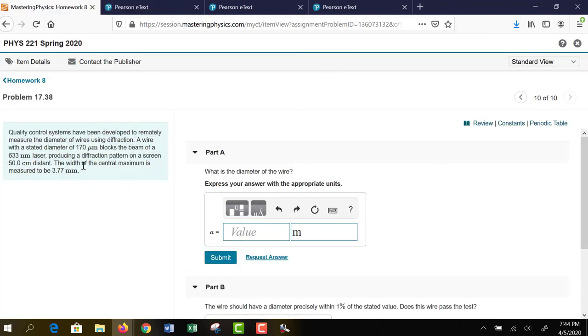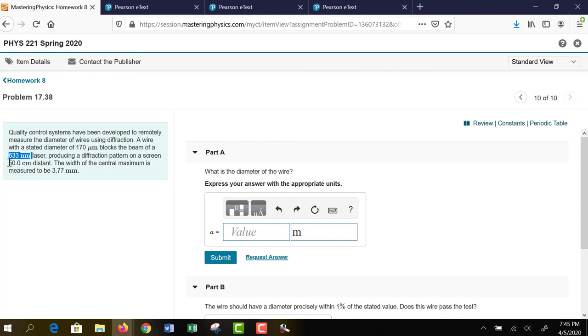We have a laser. We know the wavelength of the laser. Here's the distance to the screen. Here's the width of the central maximum. When it says what is the diameter of the wire, what you're trying to figure out is the size of the slit, because the wire is acting just like a slit. So take the single slit formula, and knowing that this is the wavelength of the light, just be careful, put it into meters.